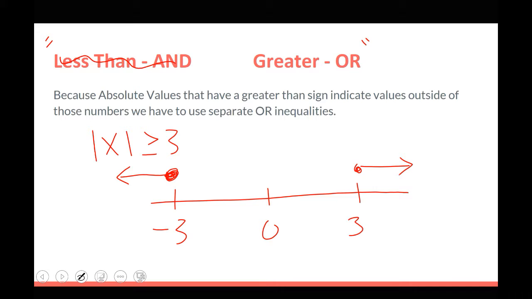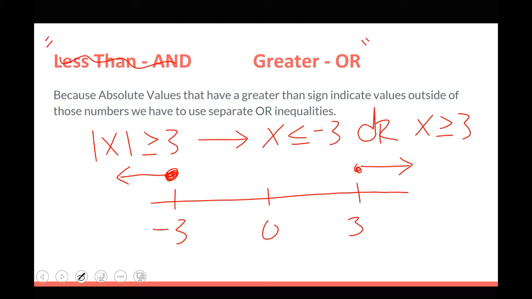So just like the other video where we talked about less than, being able to rewrite these from absolute value to an inequality is really important. So we have two separate things going on here. x would have to be less than or equal to, in this case, negative 3, or x would have to be greater than or equal to positive 3.